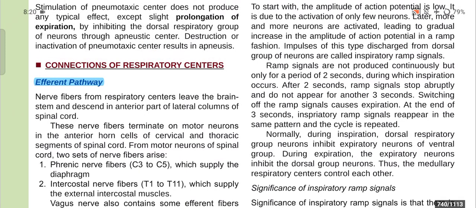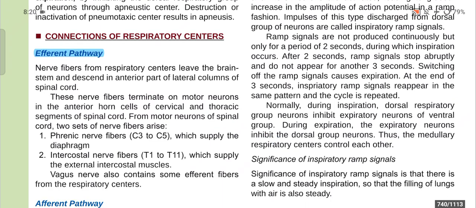In the efferent pathway, the nerve fibers from the respiratory centers leave the brainstem and descend in the anterior part of the lateral column of the spinal cord, and these nerve fibers terminate on motor neurons in the anterior horn cells of the cervical and thoracic segment of the spinal cord.